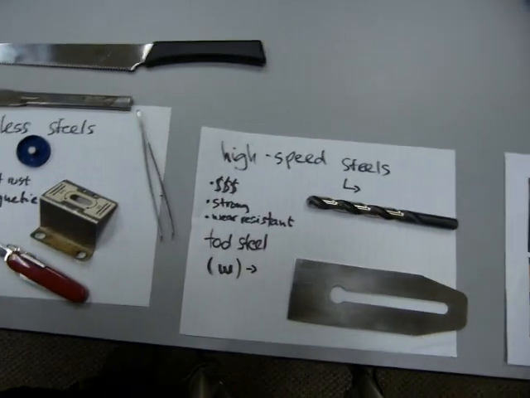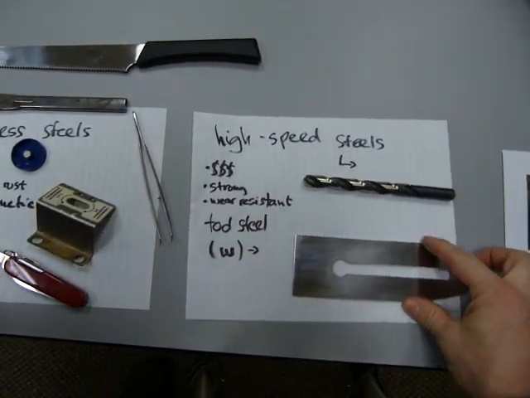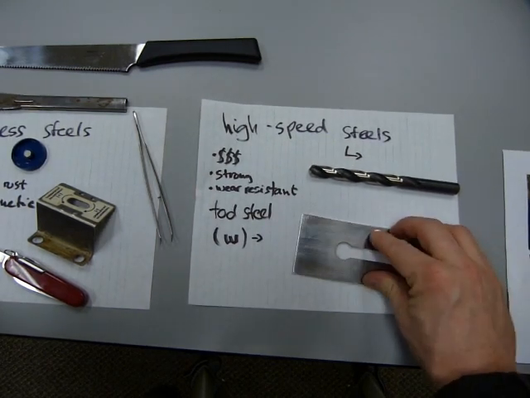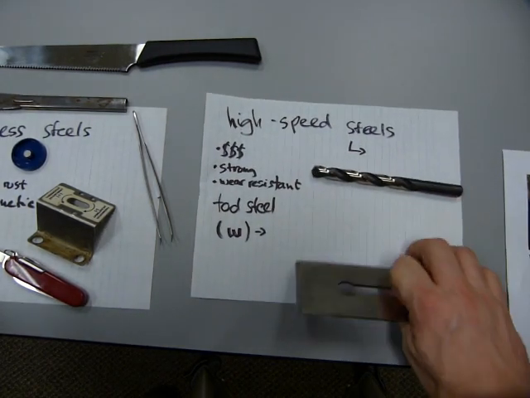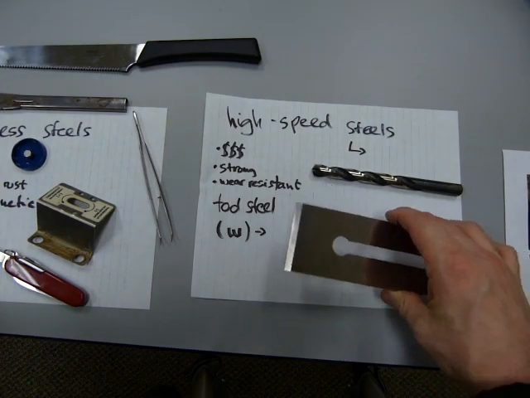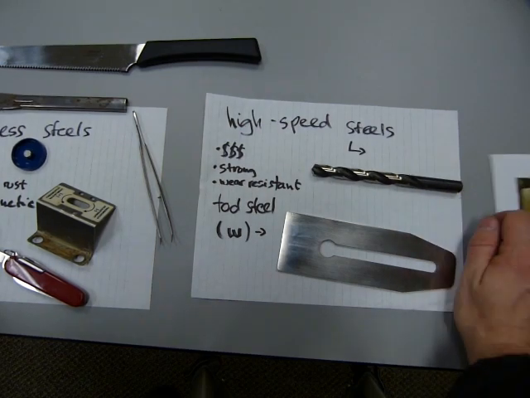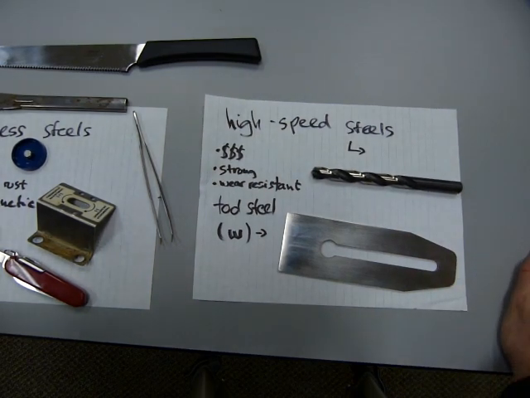Moving over to tool steels, and I just picked two subcategories out of it. This one is a water hardened plane blade from a woodworking plane, and this is a high-speed steel drill bit. There are drill bits made out of high carbon as well. The high-speed drill bits are a lot more expensive.